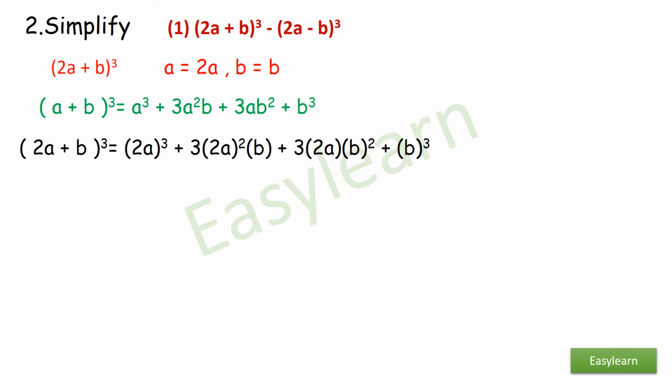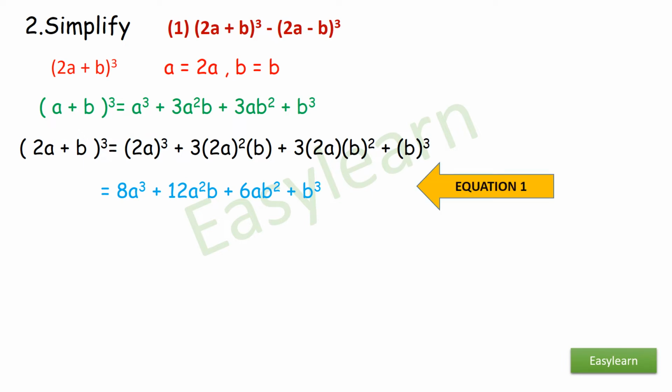I will get 2a plus b the whole cube is equal to 2a the whole cube plus 3 into 2a square into b plus 3 into 2a into b square plus b cube, which is equal to 8a cube plus 12a square b plus 6ab square plus b cube. This is your equation number 1.